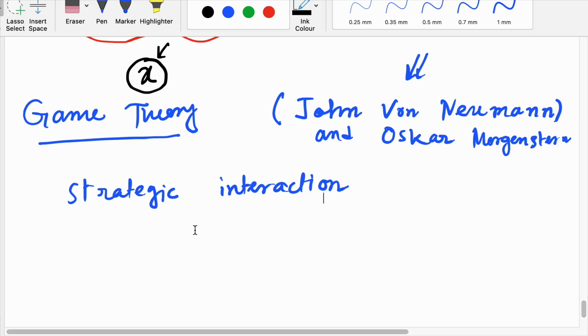So what does strategic interaction mean? Suppose every human has two options, A and B.